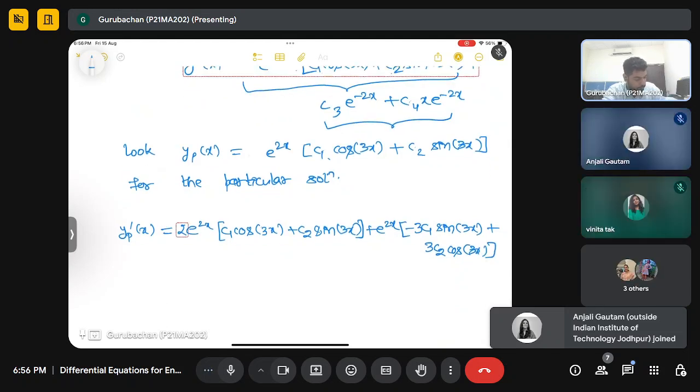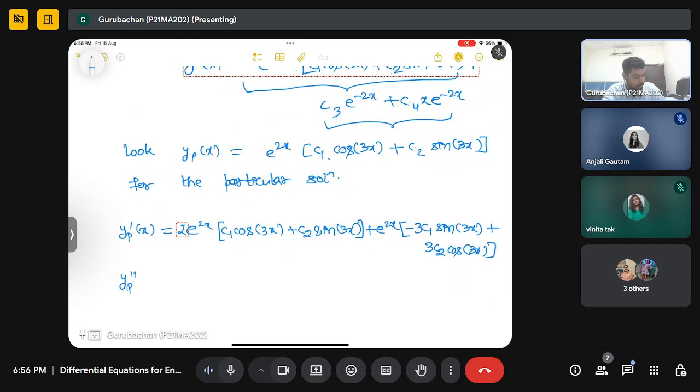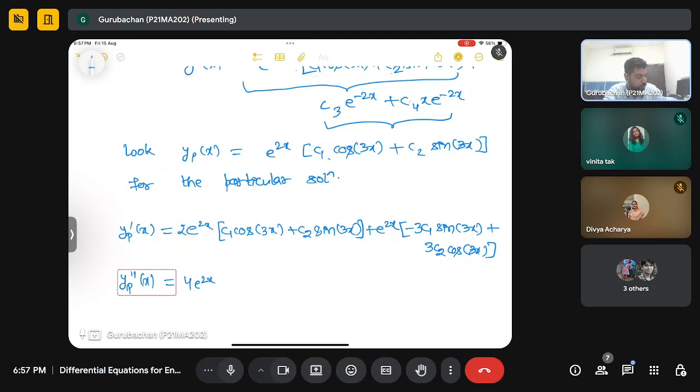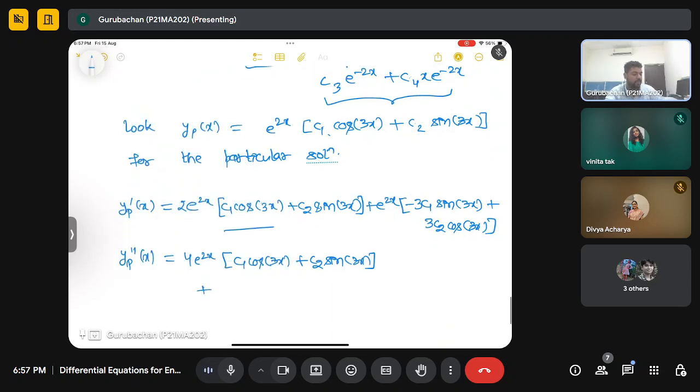Next one is the second derivative. So 4 e to the power 2x (C1 cos 3x plus C2 sin 3x). One part is this, and if we differentiate this one and this one, then we can combine these two. So from here we will take 6 and here also 6.